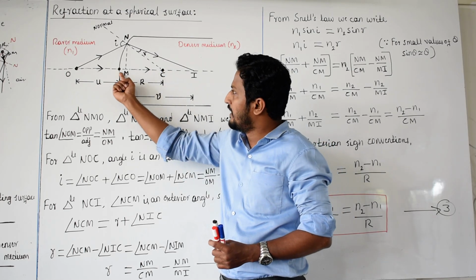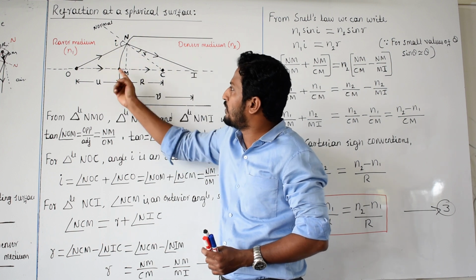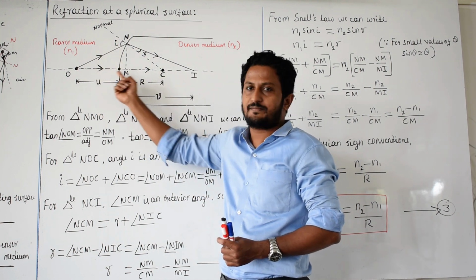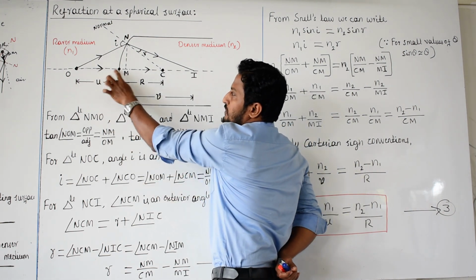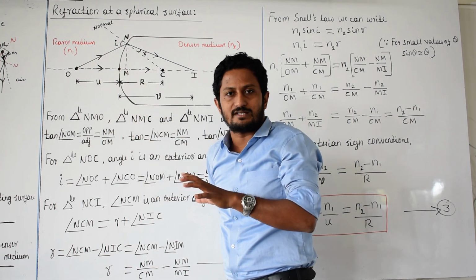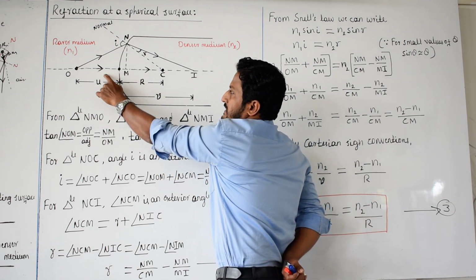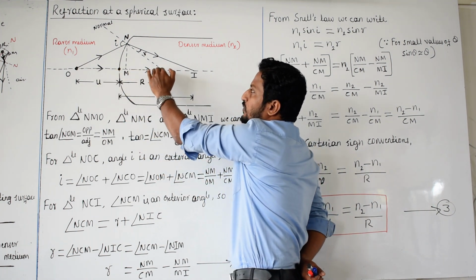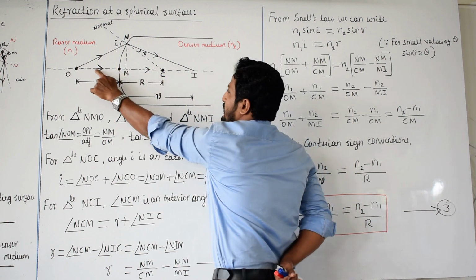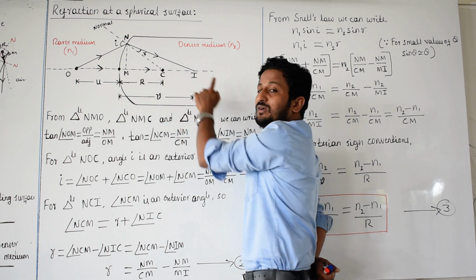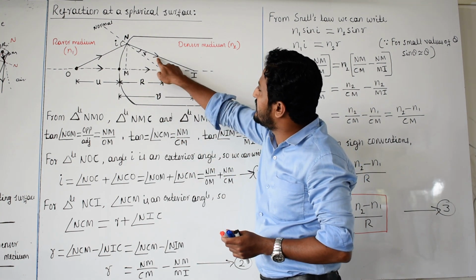Means this is the radius. Obviously, this line is perpendicular to that point. This light is going to get normal incidence. Because of that normal incidence, this light ray keeps moving along its initial path only. It is moving along the principal axis.